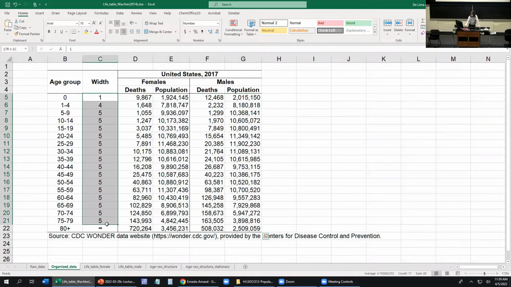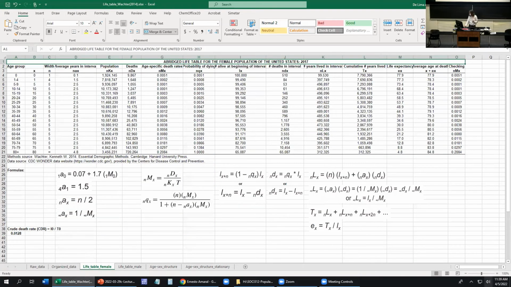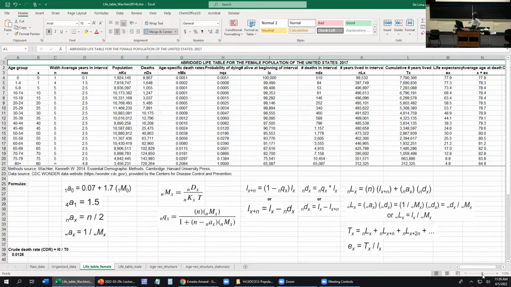This column here is just the width of the interval. How many years I have in this one here, 1 year, age 0, here 4 years, we have age 1, 2, 3, 4, and 5 years for the others until the last one, which is an open-ended interval, right? So getting this data for women, we can do the life table for women here. Let me just zoom in a little bit more.